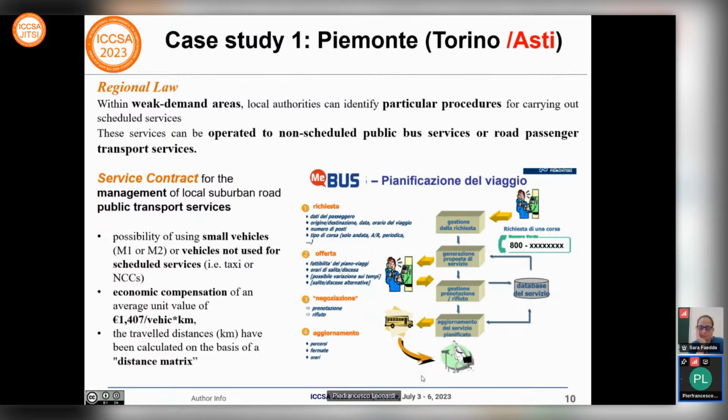A value of 1.40 euros per vehicle per kilometer is associated, while the distance traveled is calculated on the basis of a predefined kilometer matrix, considering the sum of the traveled links along the entire itinerary of each trip. A fee of 18 hours has also been provided for the booking management platform.